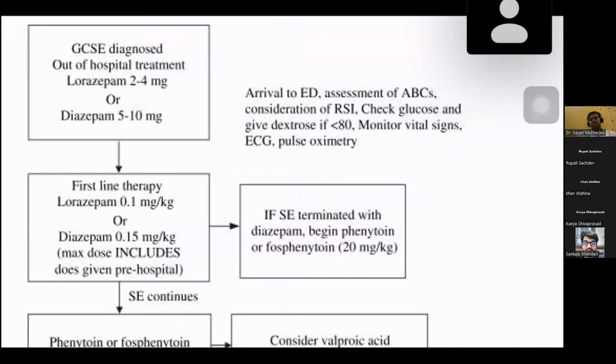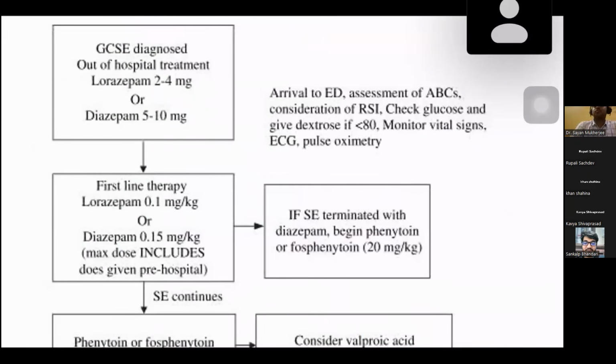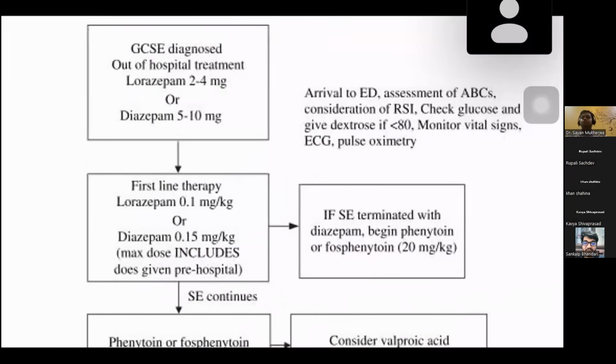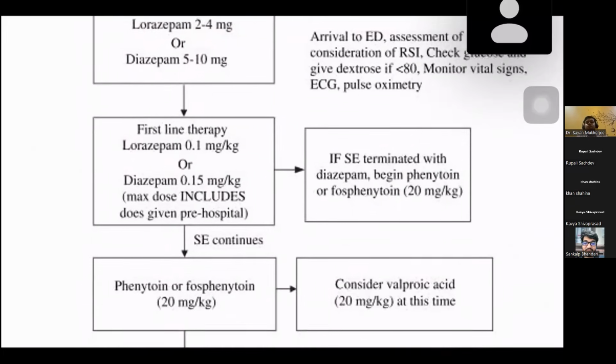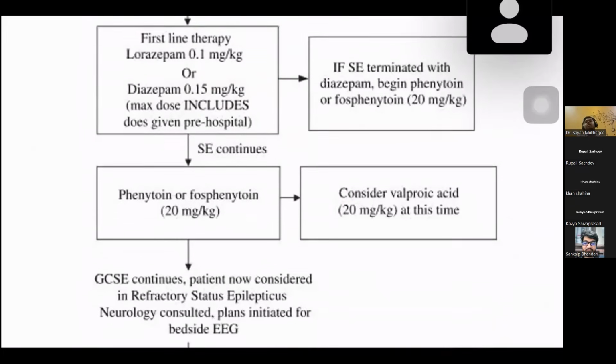And this is a very superficial approach to the drugs that you should use. Whatever it is, the first step you must know, it has to be a benzodiazepine. Lorazepam is commonly used. It is given 4 milligrams IM, and it can be repeated also once. So once you have a seizure, just give lorazepam IM. Most patients will recover by then. If not, then you can move ahead. There are many options.